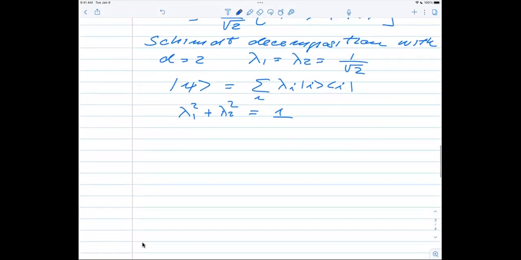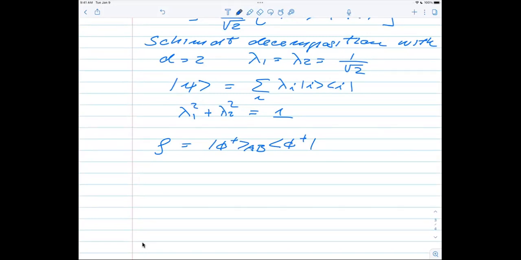Now let's look at the calculations. Let's set up the density matrix and then define how we're going to perform the partial trace. So let's define the density matrix for the Bell state. This is given by the outer product of the state phi plus with itself, which is the formal definition of the density matrix.